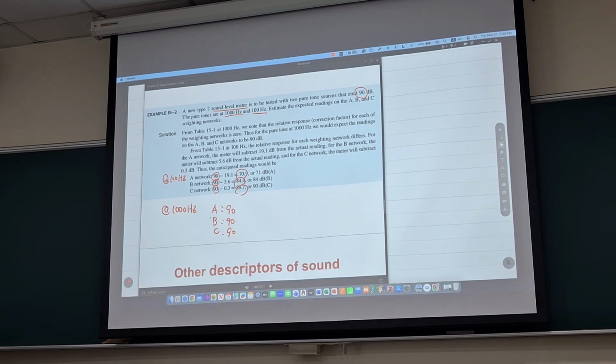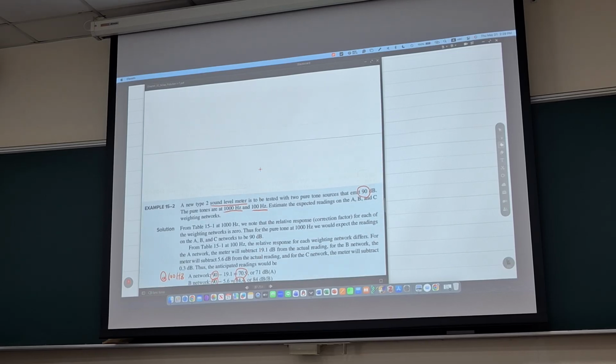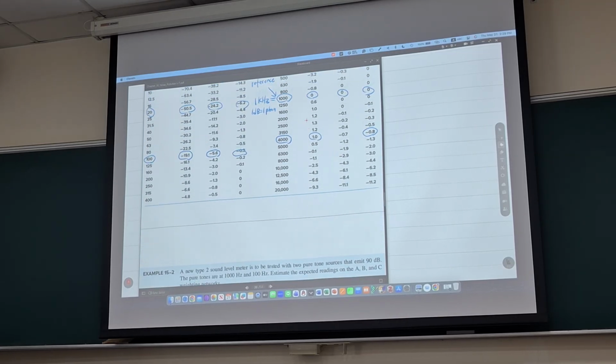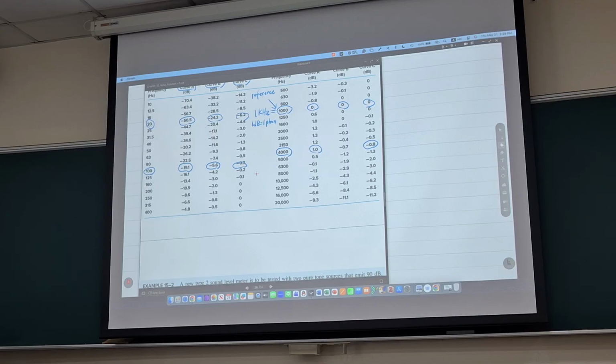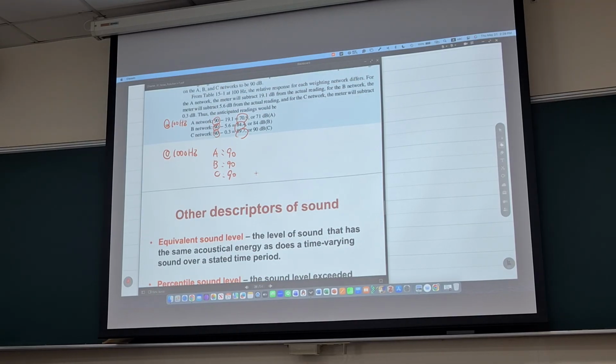How about at 1,000? At 1,000, how much reduction? At 1,000, 0, right? So at 1,000 it will be minus 0, minus 0, minus 0, 90, 90. Understand?